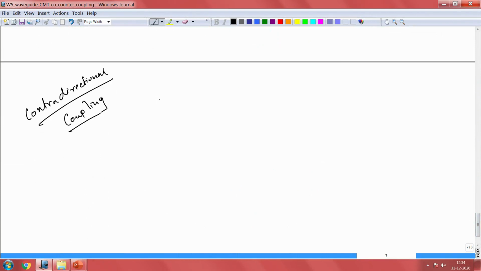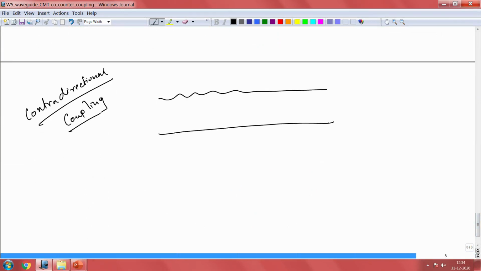So, let us look at a perturbed waveguide that we have. So, beta A is going forward, but now beta B is backward. So, we are looking at kappa B A here.